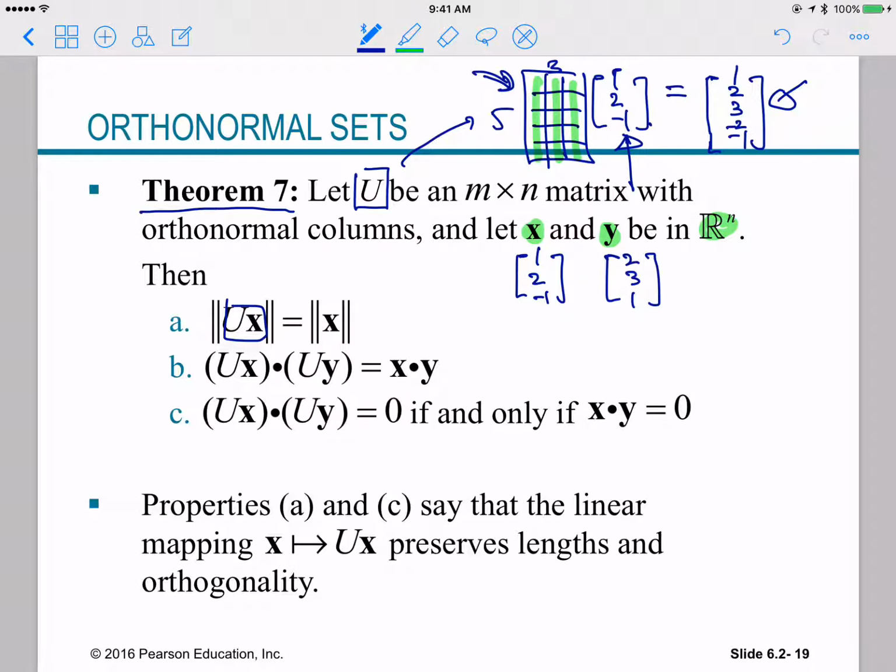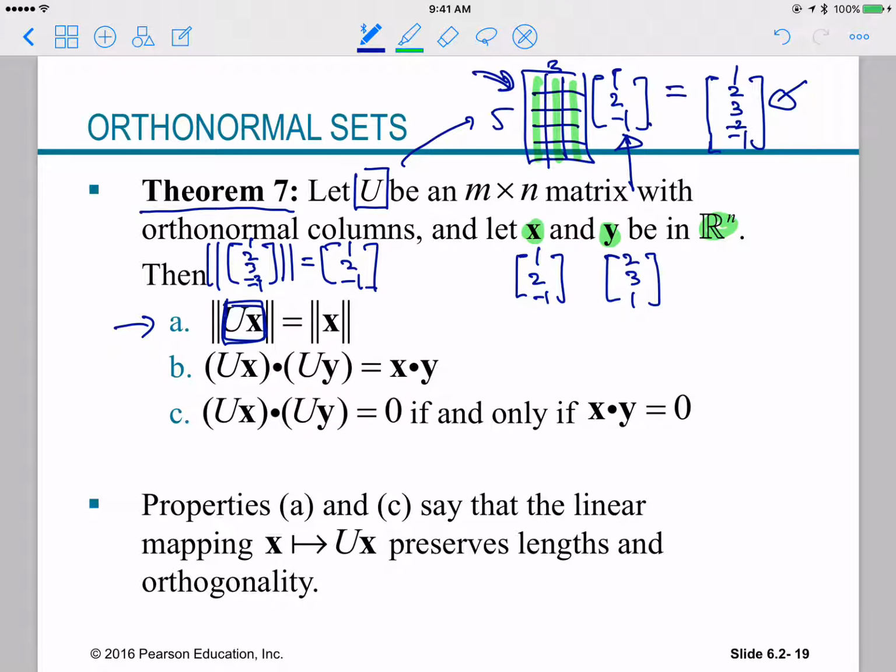In this case, U times x, which is (1, 2, 3, -2, -1), has a length that is the same as that of (1, 2, -1). This is the first item in theorem 7. We will prove this shortly, but let's first understand the meaning of this equation. An orthonormal matrix is a matrix whose columns are orthonormal vectors.